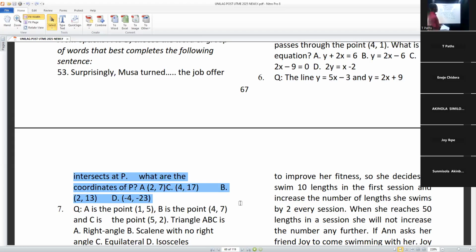Now, this question comes from coordinate geometry.